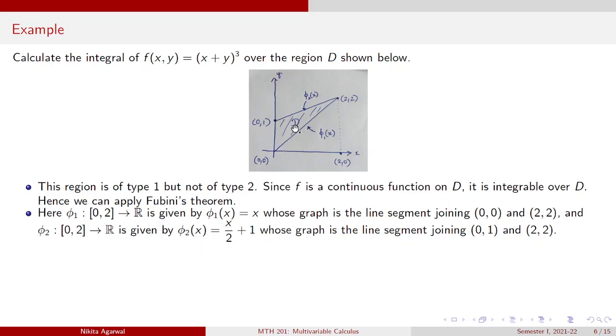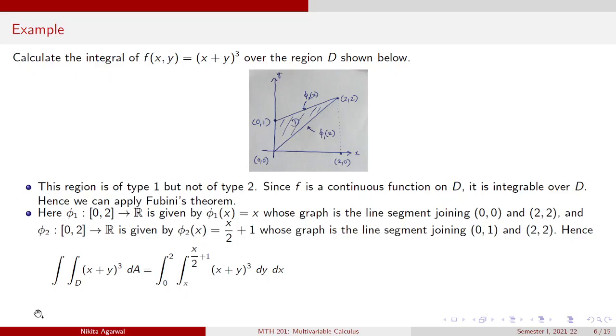And phi 2 is this above line segment, which is the line segment joining (0, 1) and (2, 2). You can compute that it is nothing but phi 2 going from [0, 2], and phi 2(x) is x by 2 plus 1, whose graph is this line segment. So now we have written down our domain as a type 1 region, right?